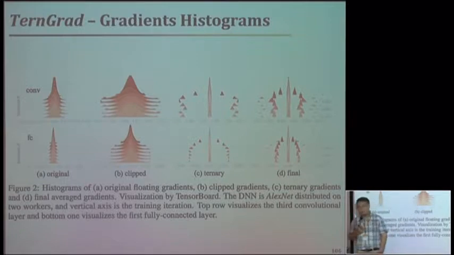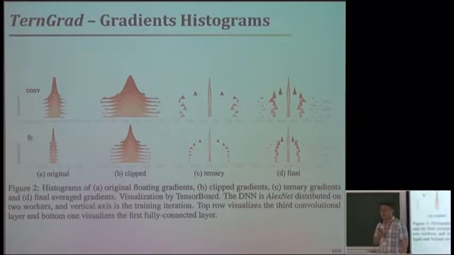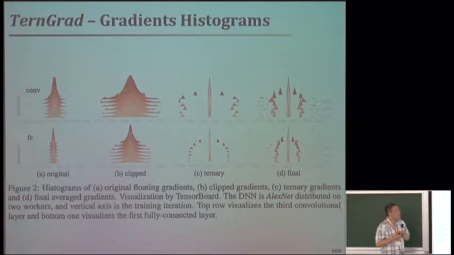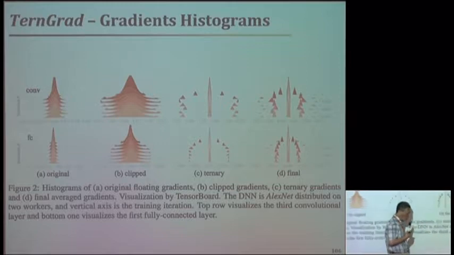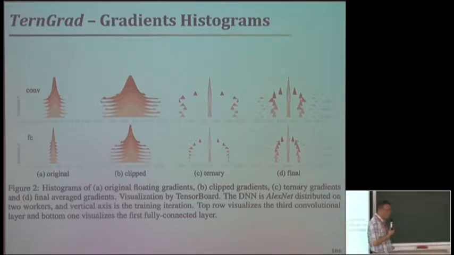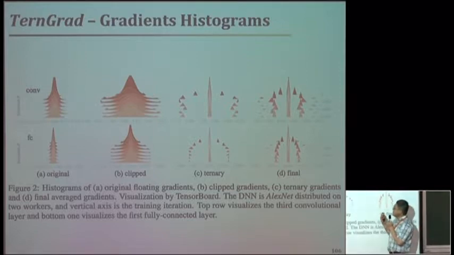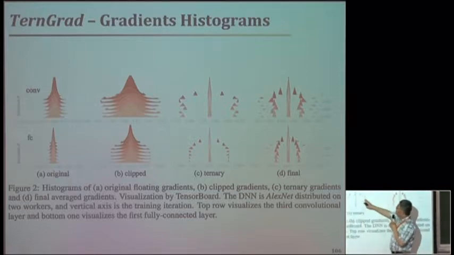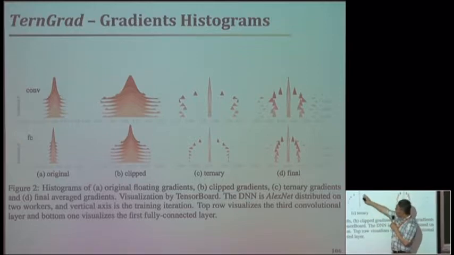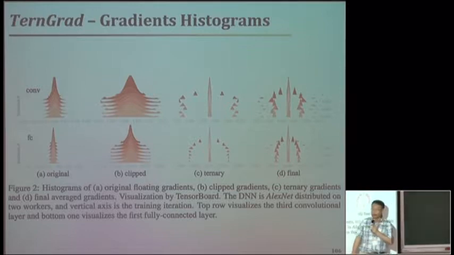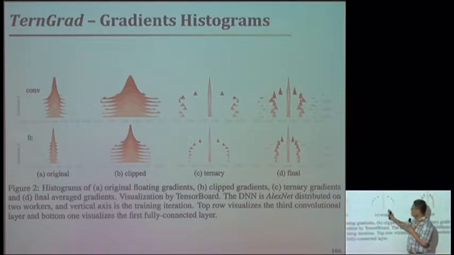But we still preserve the majority of the distribution to ensure the convergence. And then we use the ternary data transmission to transfer that information. Then we find out that we only have limited levels of those gradients to transfer, either positive or negative or zero.